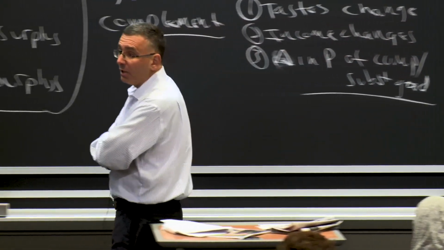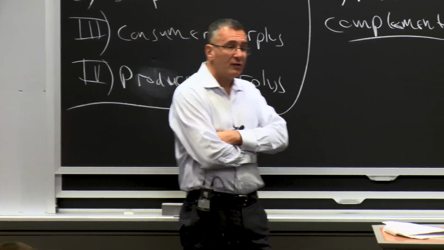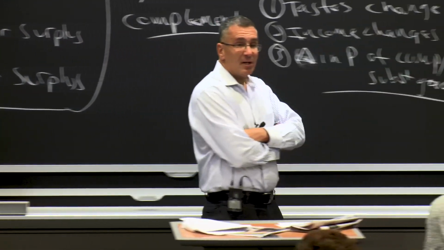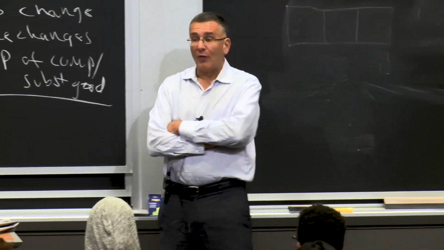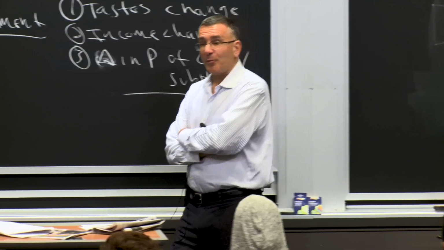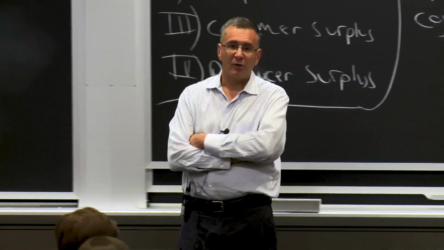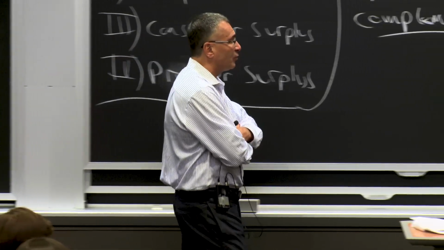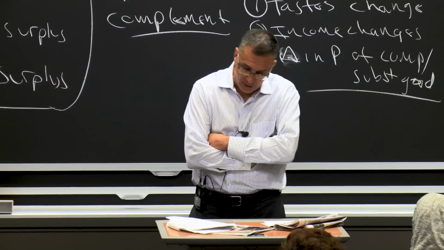Or vice versa, imagine how a change in the price of movies affects the demand for Netflix. Well, those are substitutable. As the price of movies goes up, I'm going to want more Netflix and fewer babysitters. So changes in the price of complementary or substitutable goods will also affect my demand curve.